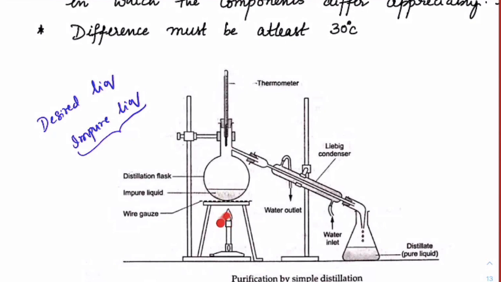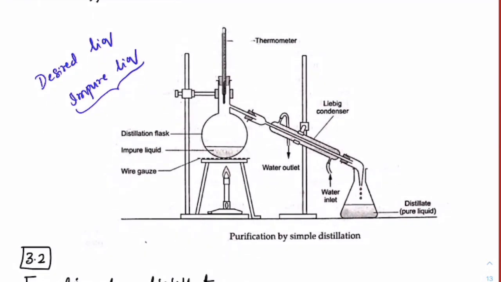So you heat to the level where the desired liquid's boiling point has been reached. Then we take those vapors, and using this Liebig condenser, with a water inlet and outlet, the vapors are condensed, and finally we get a distillate which has the pure liquid of the desired form. This is pretty straightforward, so you should be able to figure it out.